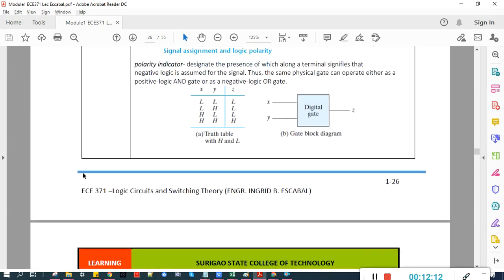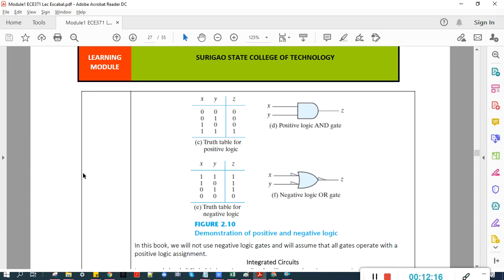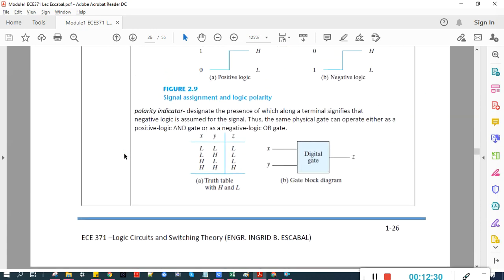Anyway, let's leave that. Let's just go here. The demonstration of the positive and negative logic. Positive logic AND gate.